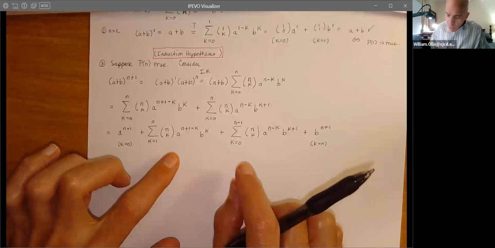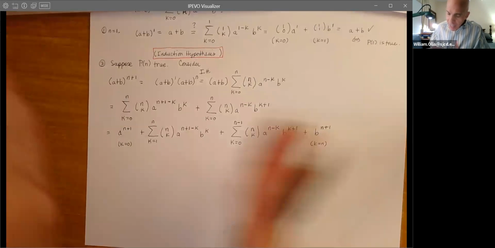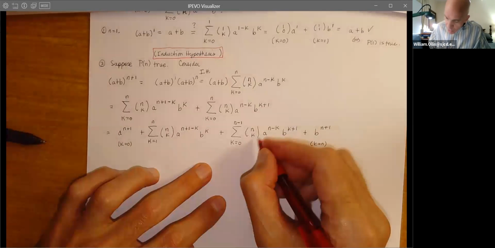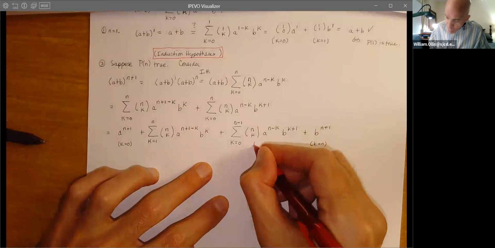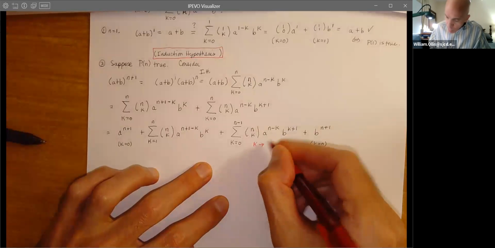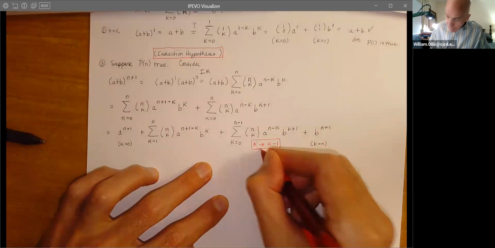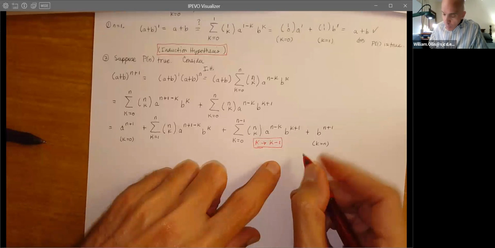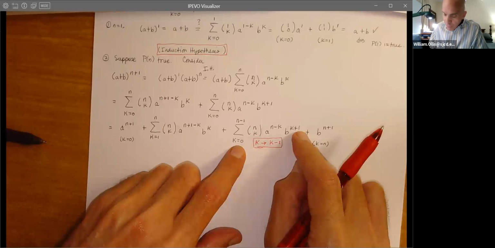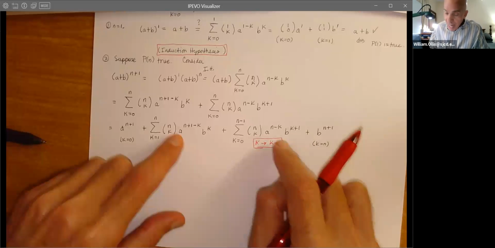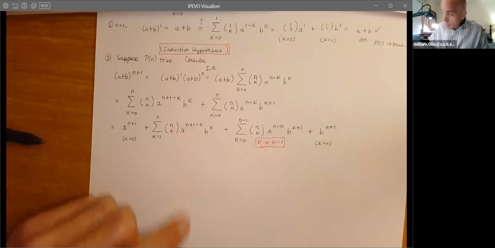And now what we want to do is set this up so we can add them. So here, what we want to do is replace K with K minus 1. So K morphs into K minus 1. So if we make this smaller, we have to make this bigger by 1. So this is the change of variable, so we can add these two series.